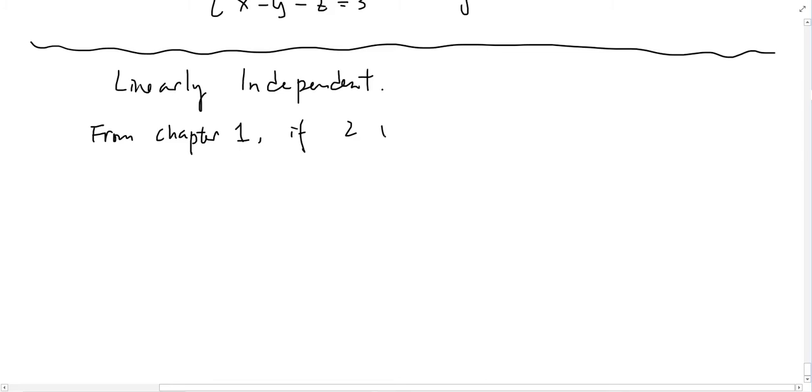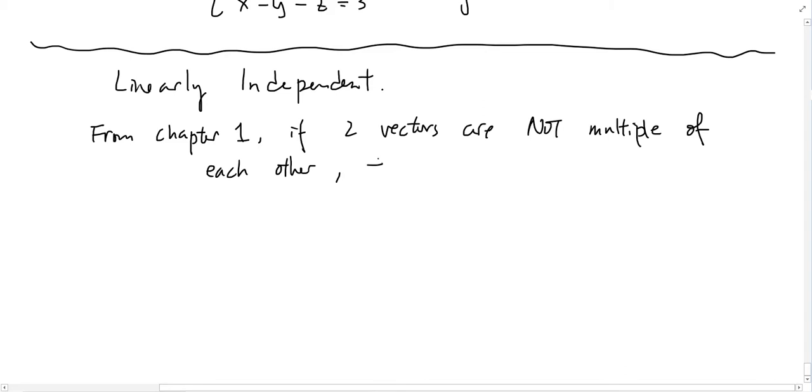If two vectors are not multiples of each other, they are linearly independent.